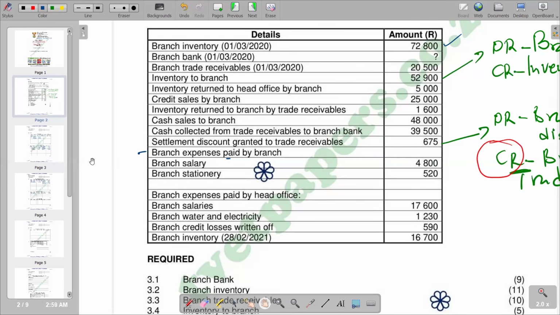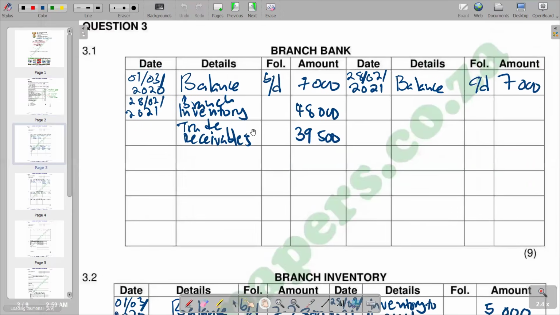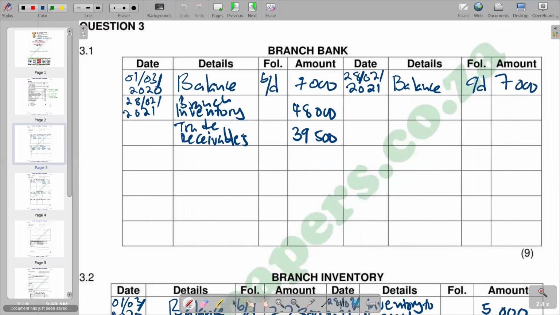So we go to the credit side of the branch bank, which we are now saying branch salary, which is 4,800.